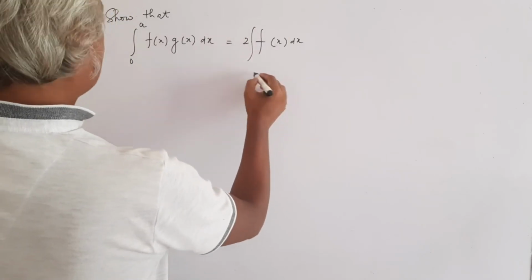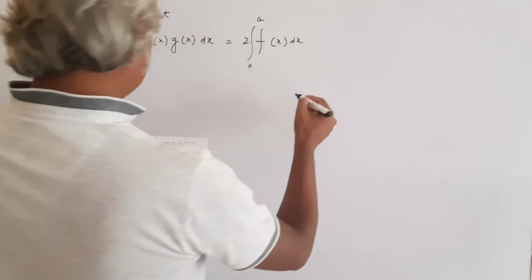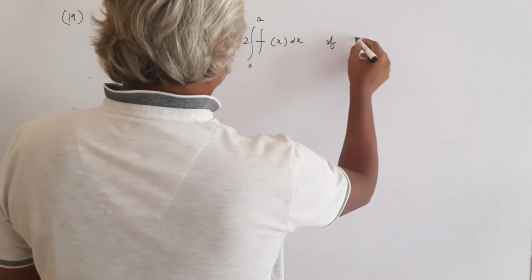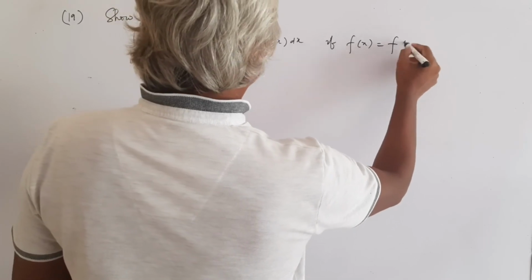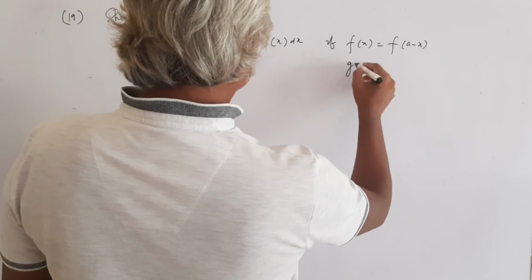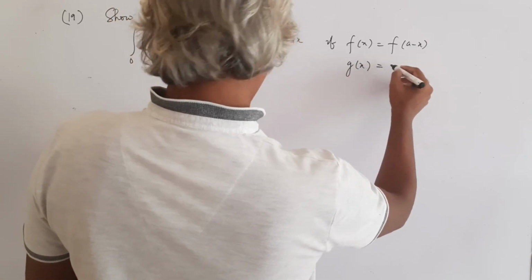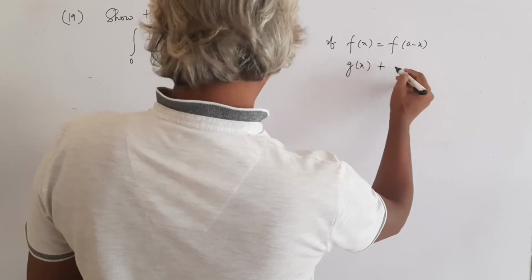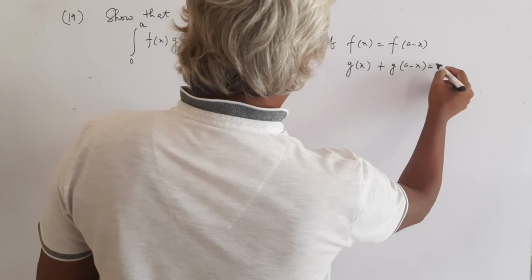The integral will be the same, 0 to a, and the condition given is that f(x) is f(a minus x) and g(x) plus g(a minus x) is equal to 4.